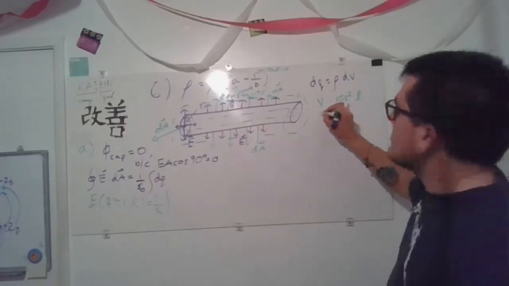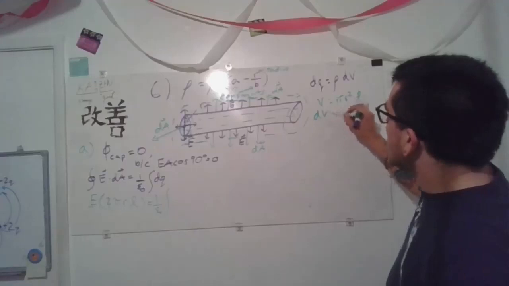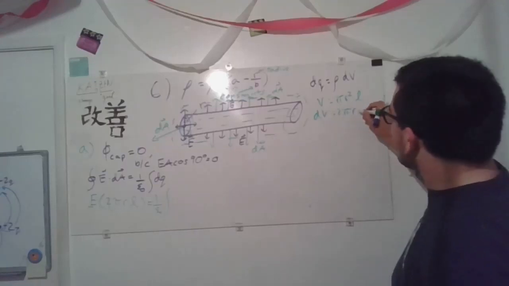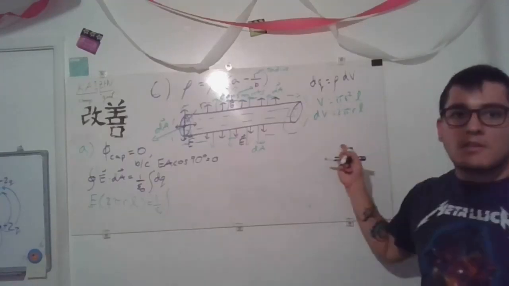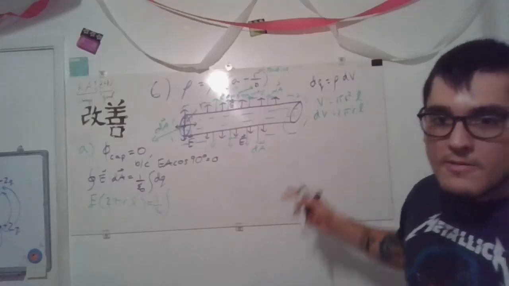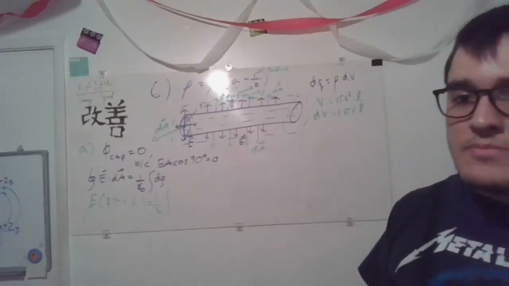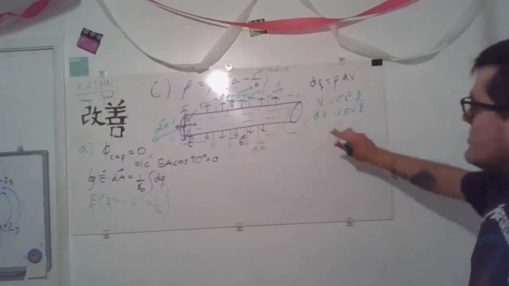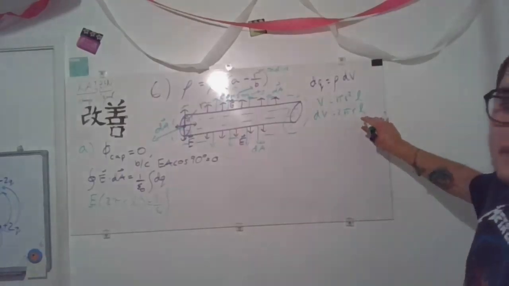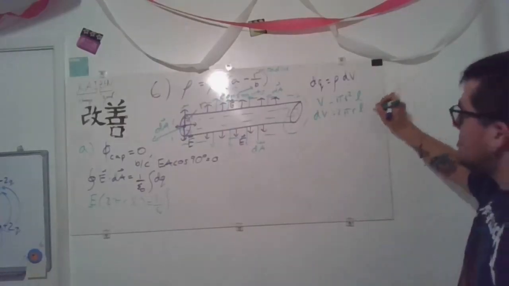So the dV will be, what am I missing here in my dV? Anybody? 2 pi r L dr. There you guys go.